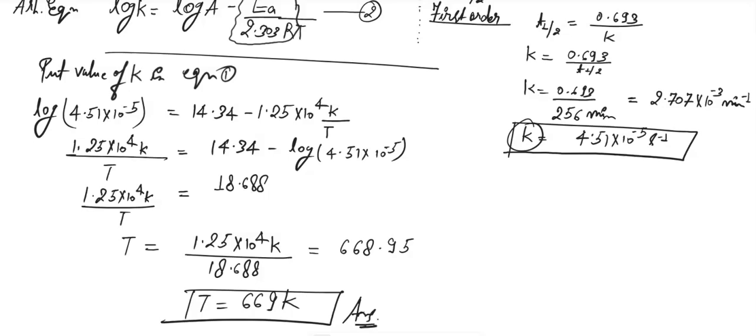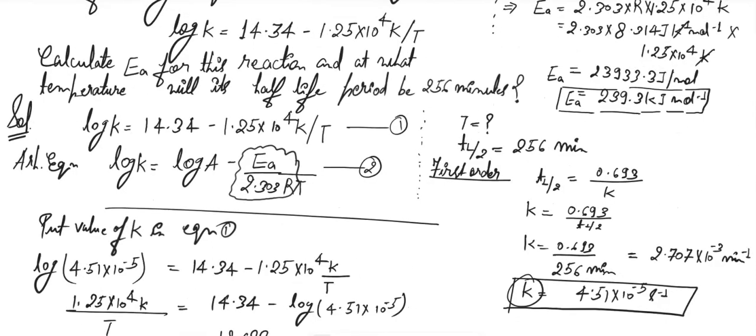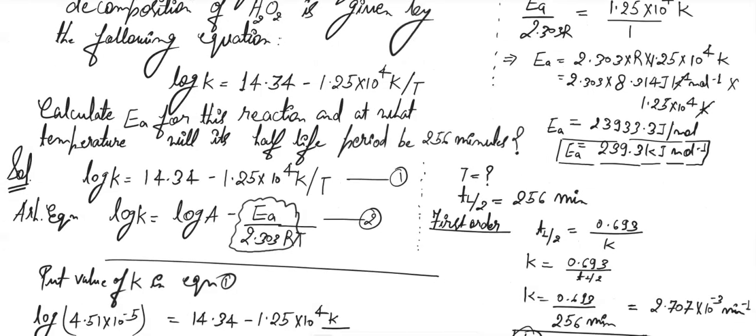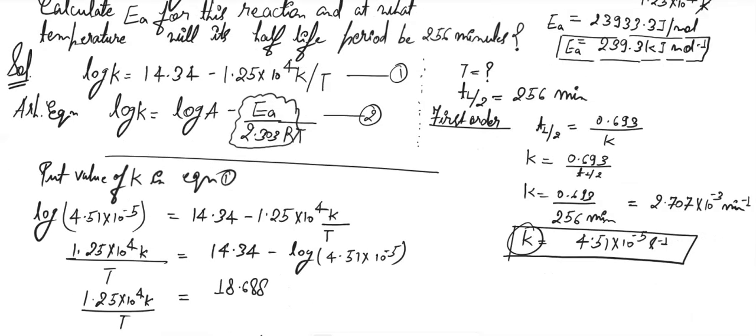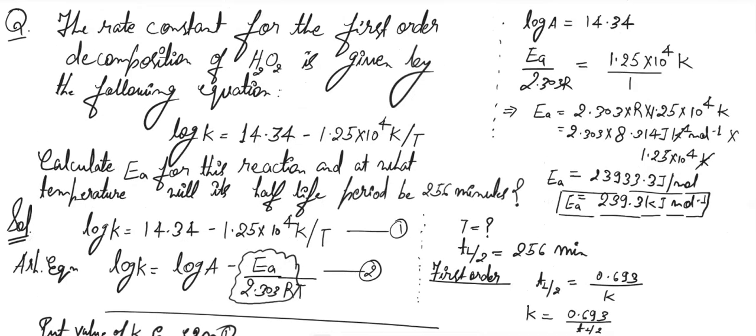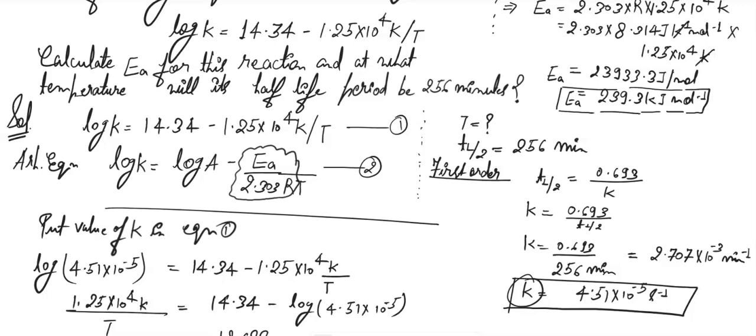What we have done in this question is, we were given the rate equation for the first order decomposition of hydrogen peroxide, and we compared it with the Arrhenius equation in terms of log, and obtained the values of EA upon 2.303 R and log A. From this we calculated the activation energy.